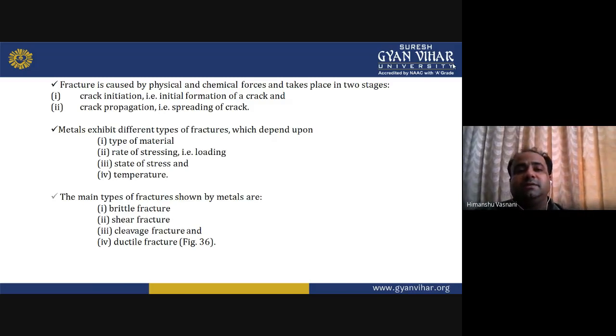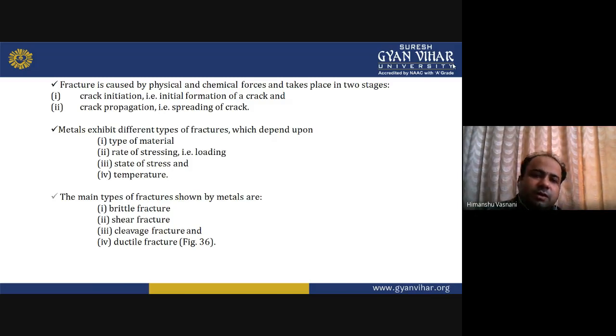Now what happens is that in crack initiation, whenever a crack is formed, you have seen in your day-to-day life that after a particular time, if some forces are applied on it, the spreading of the crack takes place.